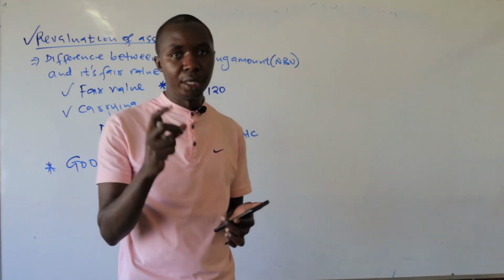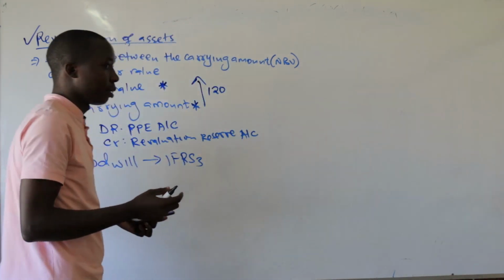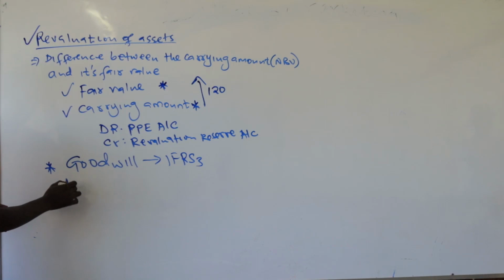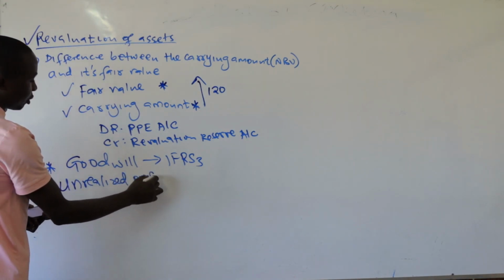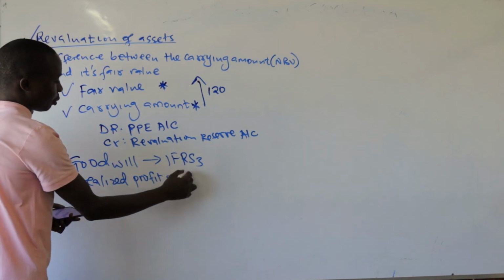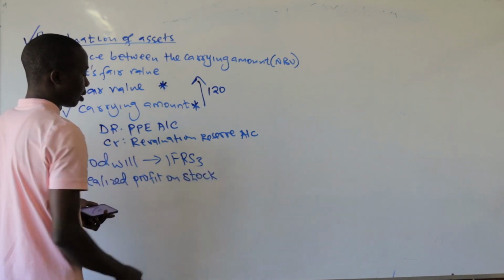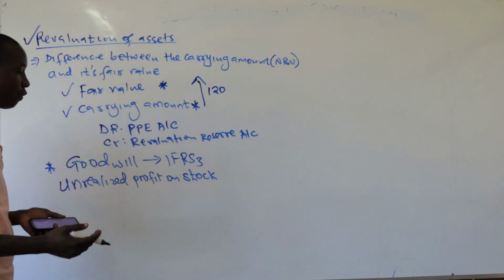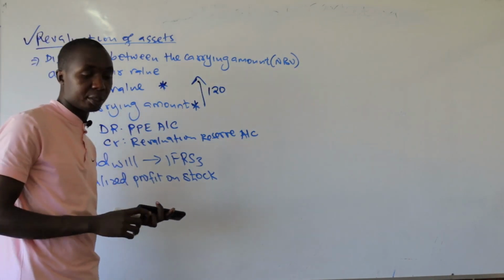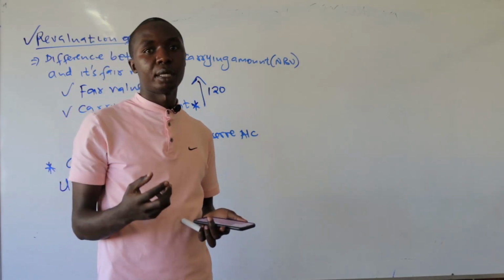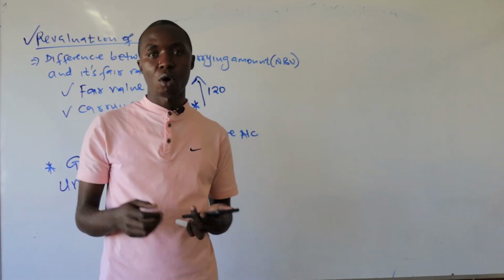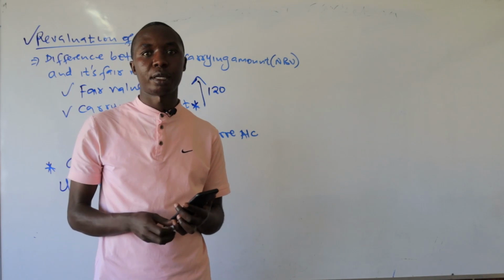So, when you hear a statement of this kind, there is something we call unrealized profit on stock, the UPS. This is where, for example, the parent had sold goods to the subsidiary at a profit, but the subsidiary has not sold all of these goods by the end of the year.